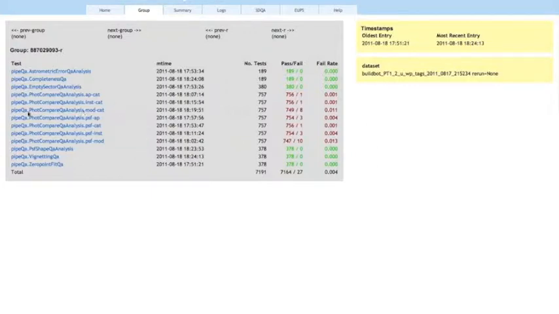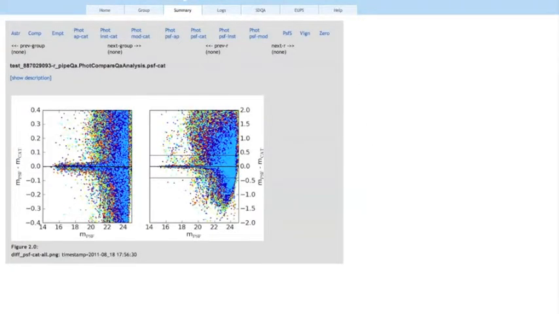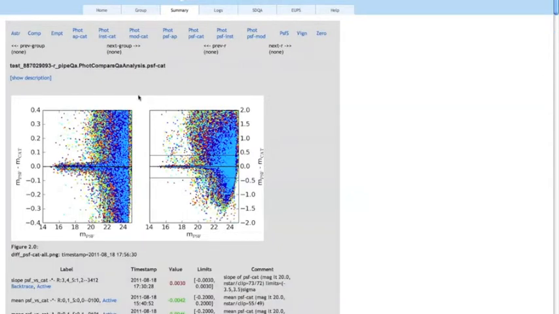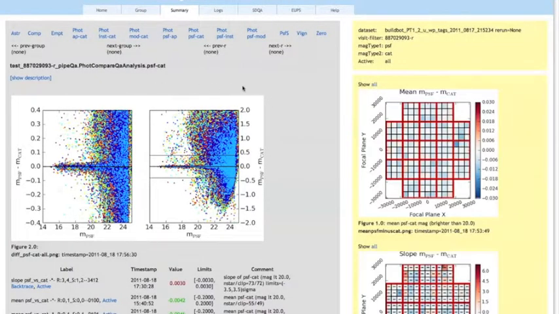I am going to choose an example here of the PSF and catalog, so reference magnitude comparison. This page loads sort of a summary plot of all of the points in the focal plane and where they reside in the PSF minus cat versus PSF magnitude space.